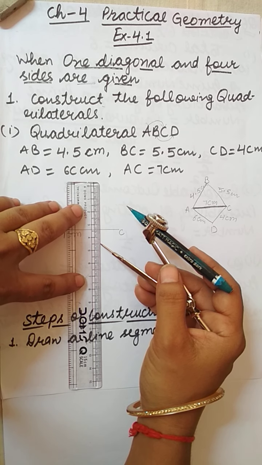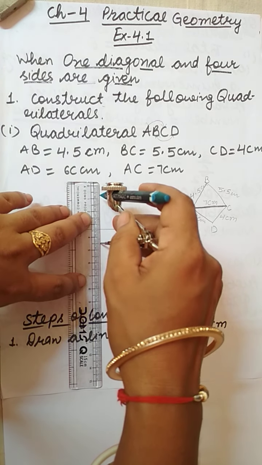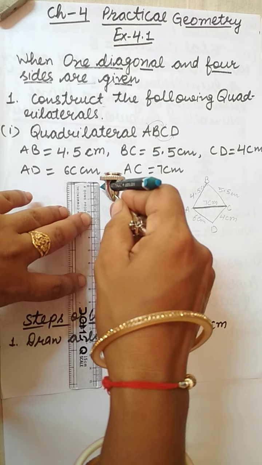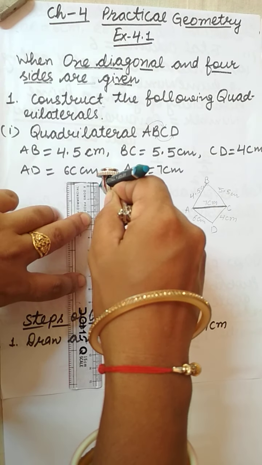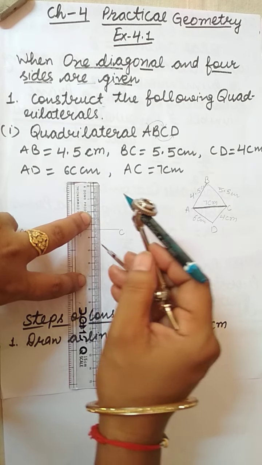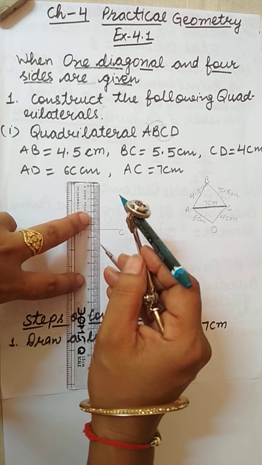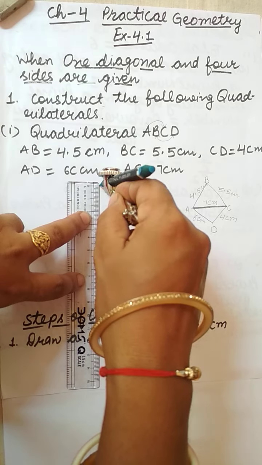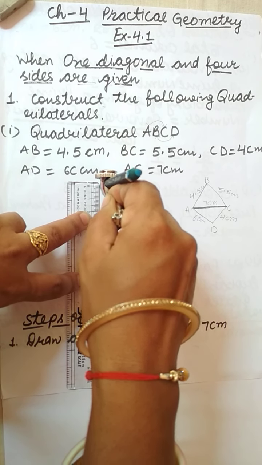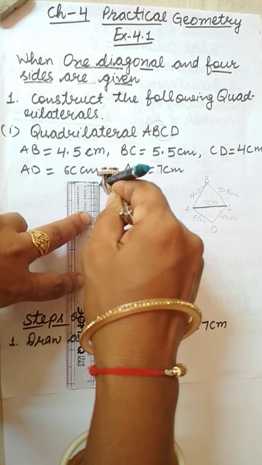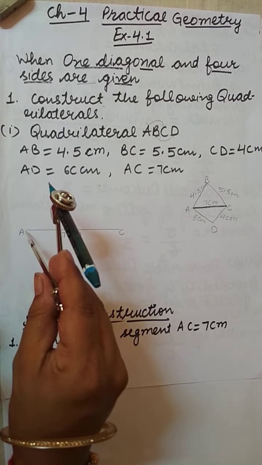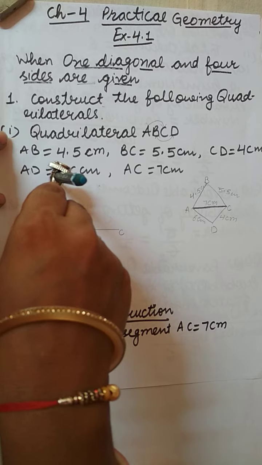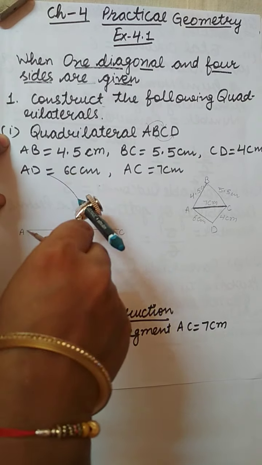You have to mark the arcs using compass only, otherwise marks will be deducted. So firstly draw the arc equal to 4.5.